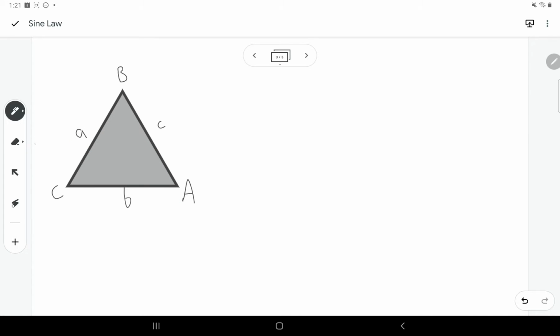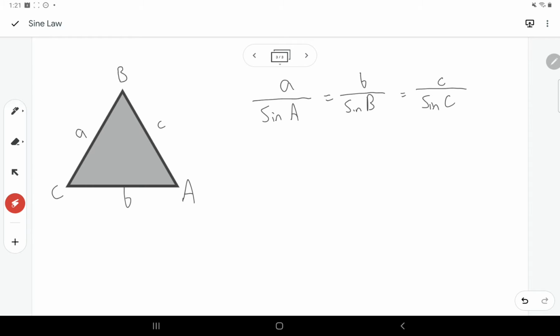Okay? So when we talk about the sine law in this missing side case, our formula looks like this. Little a over the sine of big A, that ratio is equal to little b over the sine of big B, which is also equal to little c over the sine of big C. What this really means is that the ratio between the side and the sine of the angle, this pair, is the same for every single pair in the triangle.